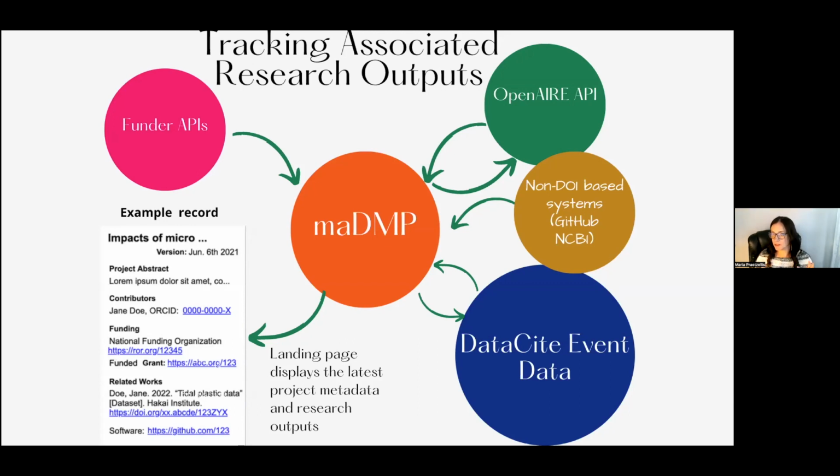So similar, I think, to some of the work that Argos is doing around connecting to external APIs, be they funder APIs like NSF and NIH, the OpenAIRE API is a great one, using the DataCite Event Data service so that we can aggregate, collect, and really build off of all this information around research outputs, and connect them to that DMP so that we have information about a project from the beginning, tracked all the way through the end, built on an existing open infrastructure.